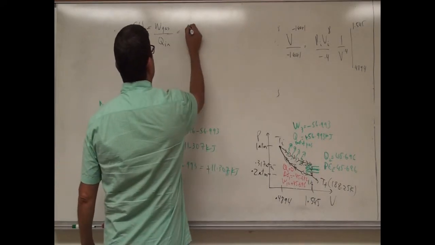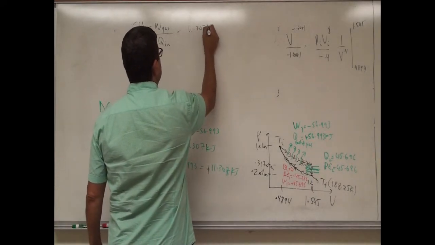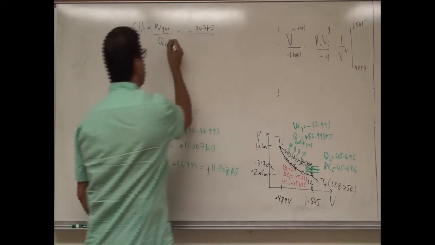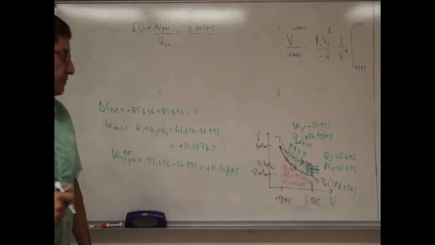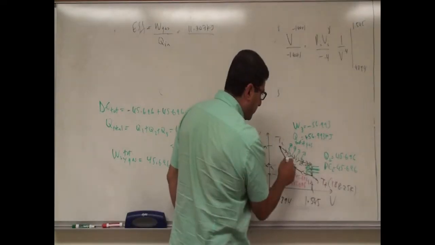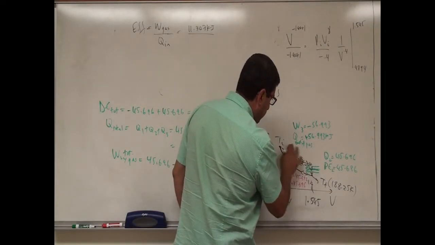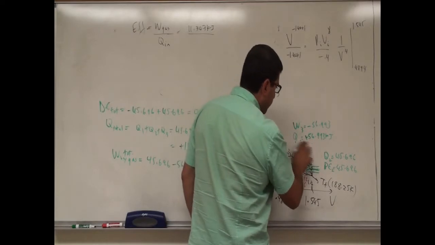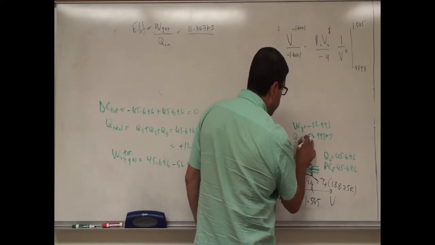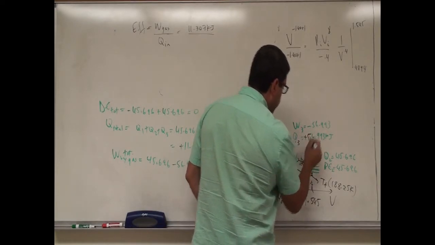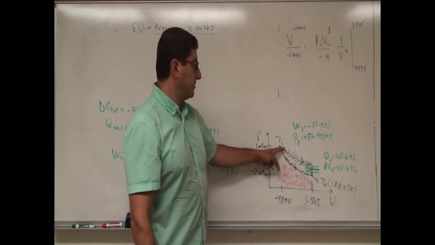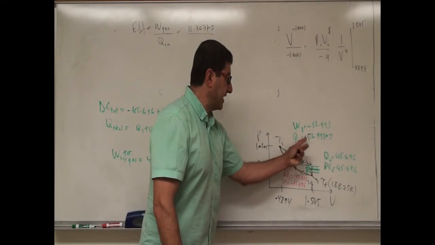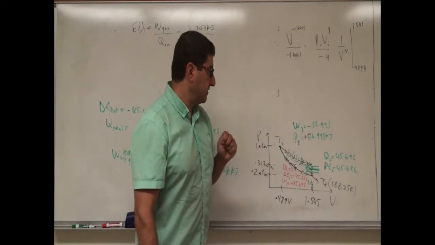So it'll be 11.307 kilojoules. How much heat would we have to put into the gas for this heat engine to perform this work? Since everything would reverse itself, the Q3 would be positive 56.993. Remember in the third stage when we were going this way, the heat was coming out of the gas and it was 56.993.